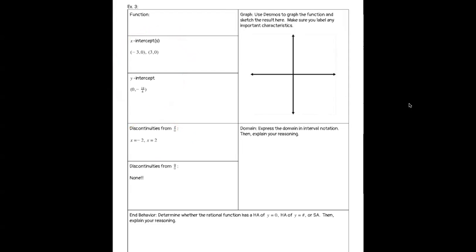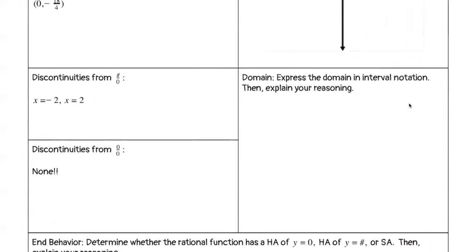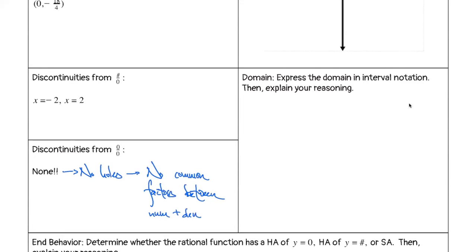Ellie, it looks like you said there were no common factors. Tell us how you knew that. Because it says discontinuities from 0 over 0 is none, and that means there are no holes. So we don't put any common factors when we write the function. No common factors between the numerator and denominator.